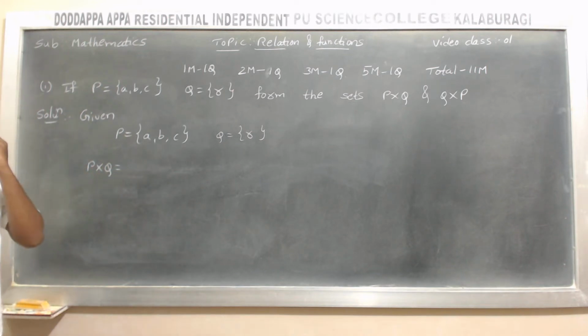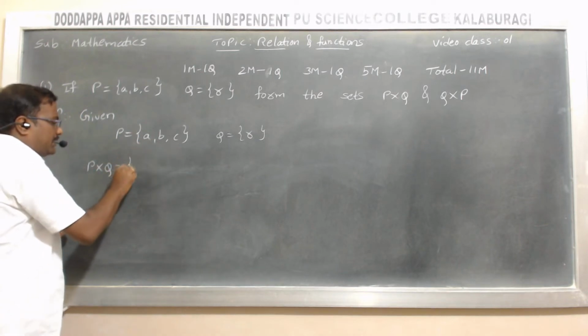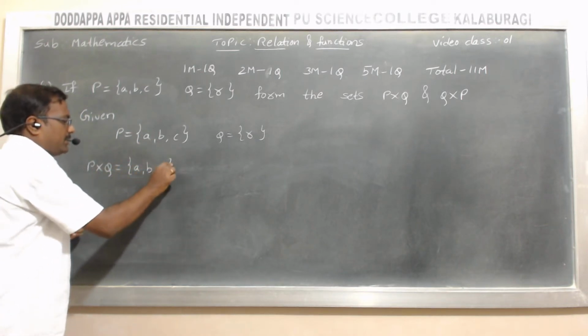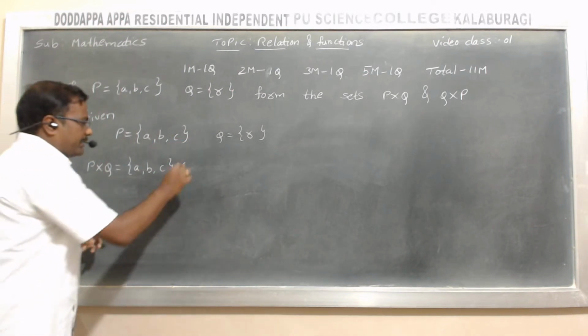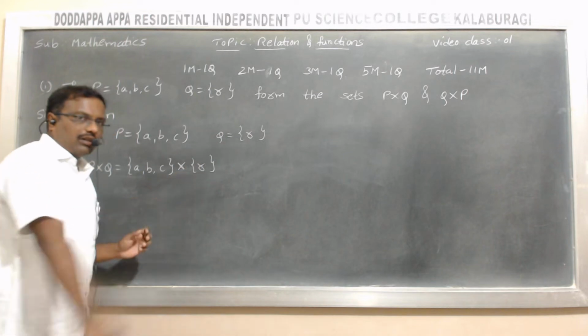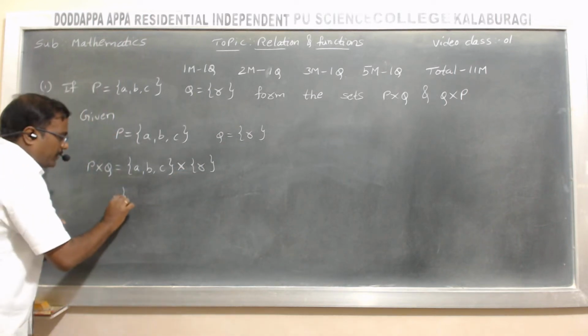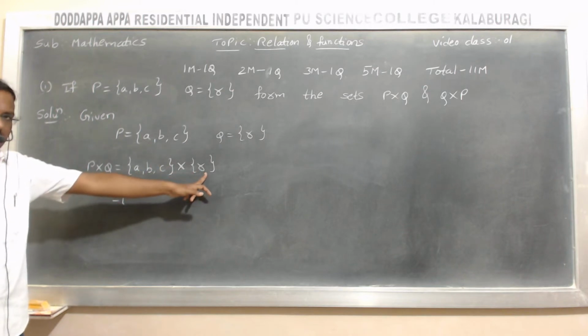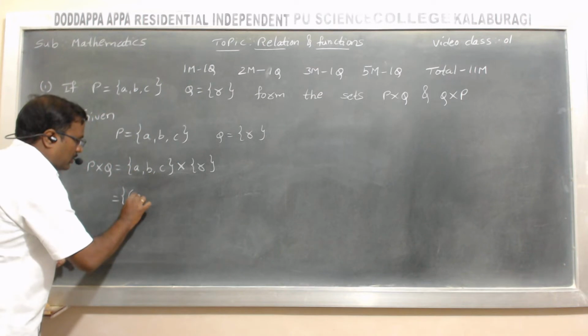Now you can find P cross Q first. What is the given here? P set {a, b, c} cross Q set {r}. Now, as usual in Cartesian product, take the first element with the only given element: (a, r).